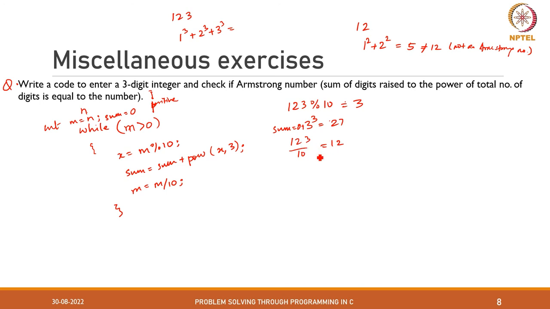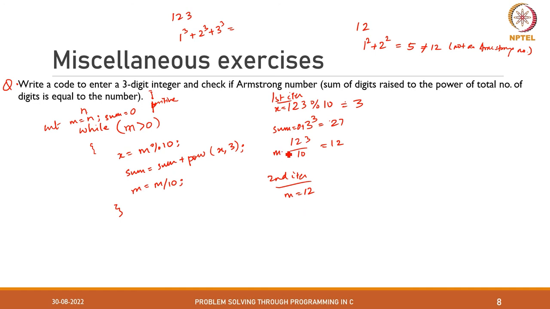Now in the next iteration, m is still greater than 0. So that was the first iteration. In the second iteration, the value of m is 12. Let me just write this down.